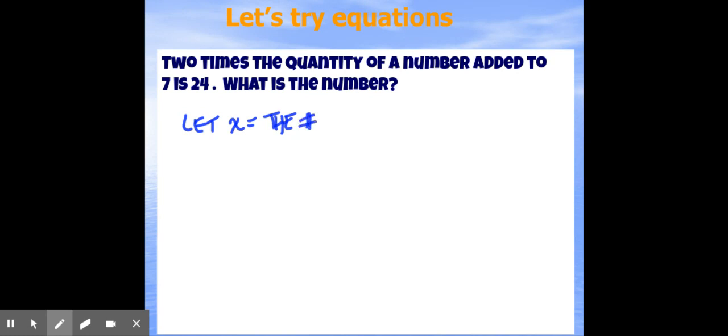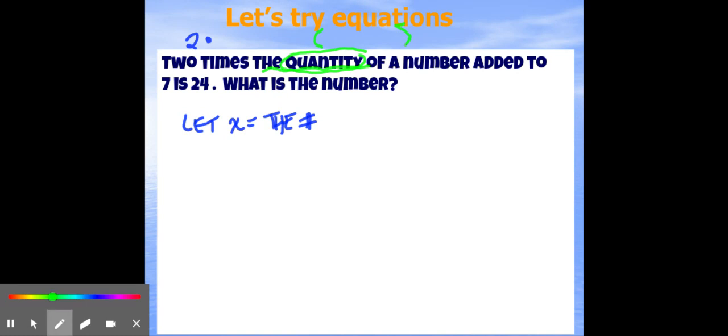Okay. 2 times. So 2 is going to be multiplied by something. The quantity. Okay. That's the part that's kind of new to us. What the word quantity refers to as far as an operation. Quantity means, when you see this, that the next part is going to be in parentheses.